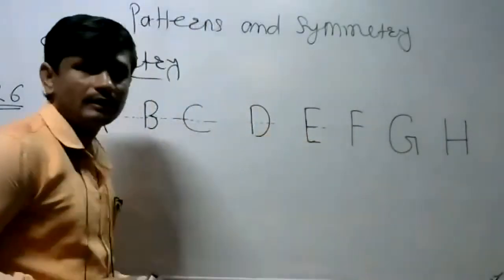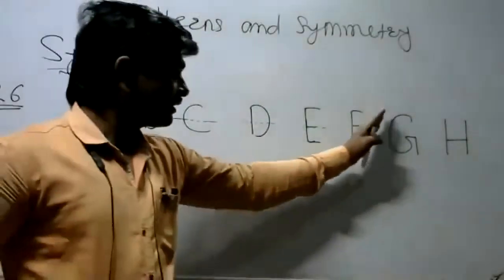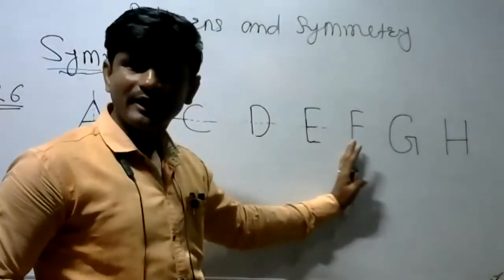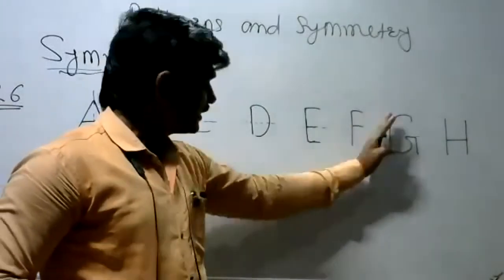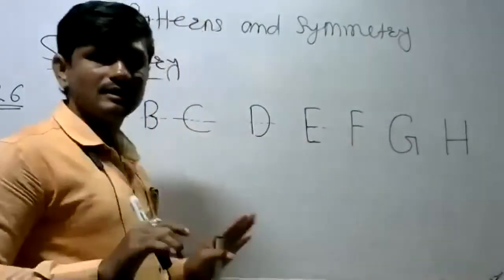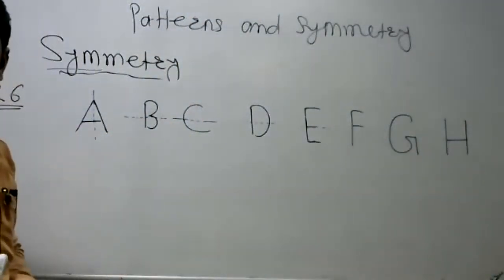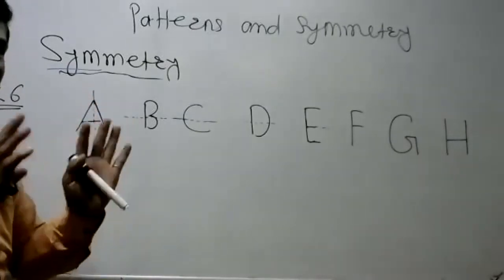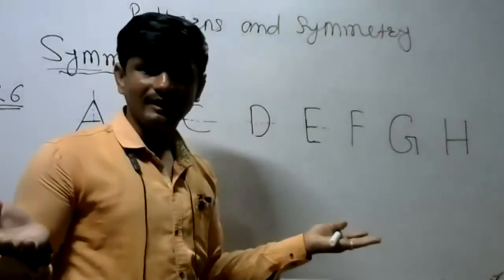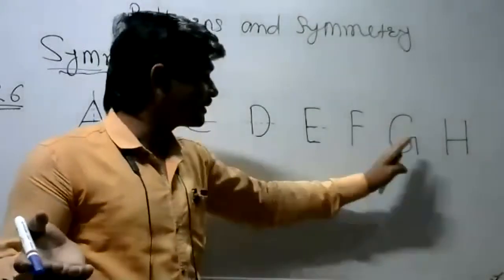But can F make a line of symmetry? Can you identify? F will divide into two same parts, yes or no? F will not divide into two same parts. That's why it is not a symmetric diagram or symmetric alphabet.